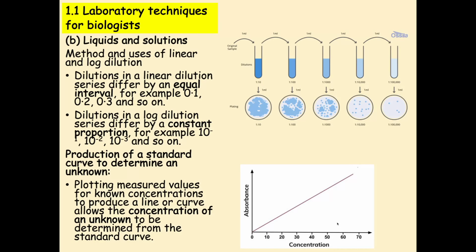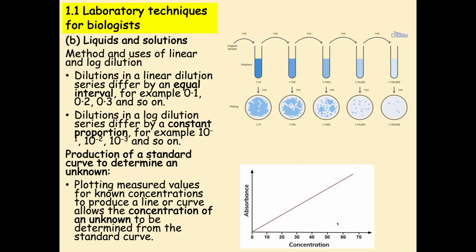Whereas a log dilution series differs because it's going to increase or decrease in a constant proportion. So for example, 10^-1, 10^-2, 10^-3, and so on. Usually by a factor of 10 each time, which means that, exponentially, we're going to get a greater increase in dilution with every dilution that we do compared to something like a linear dilution.